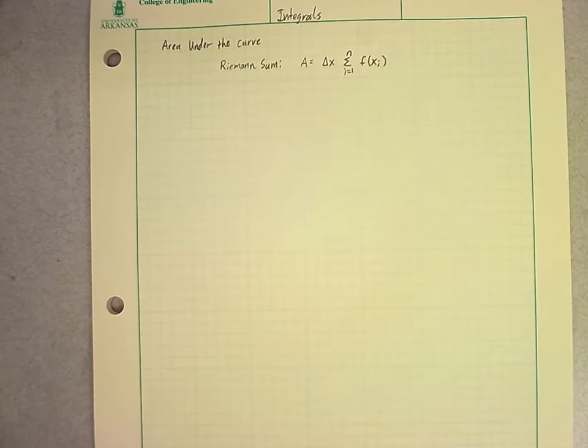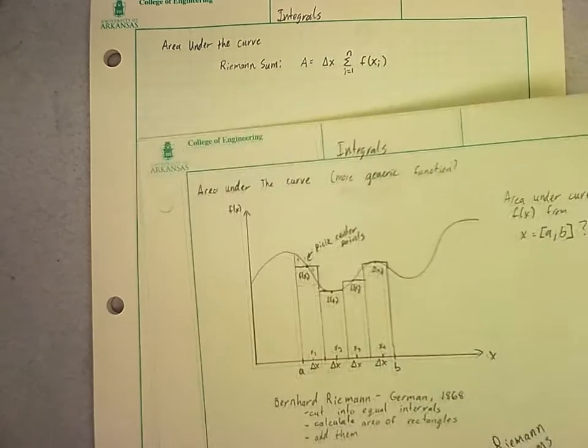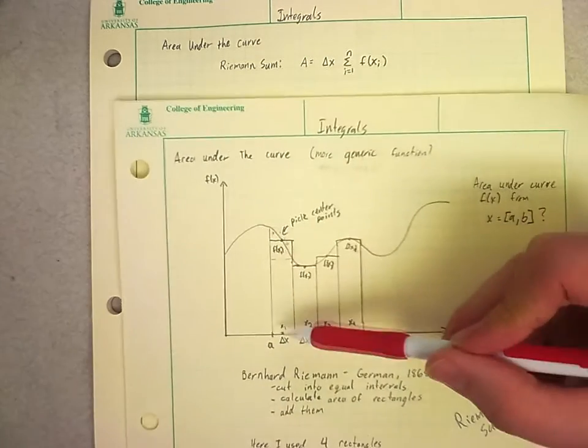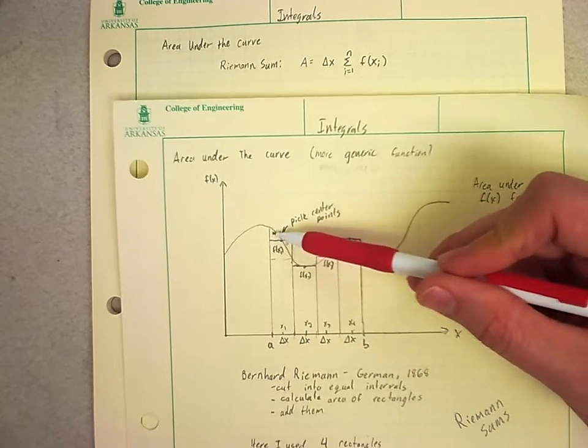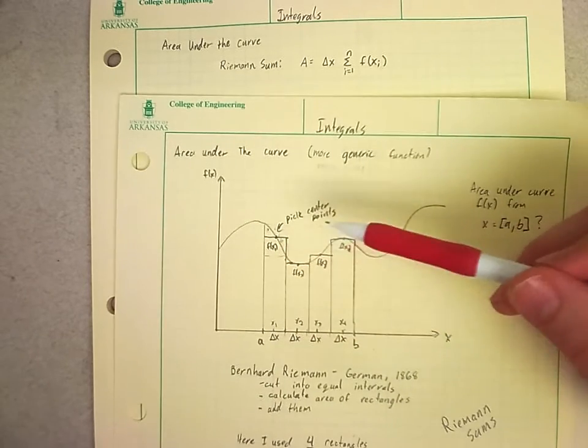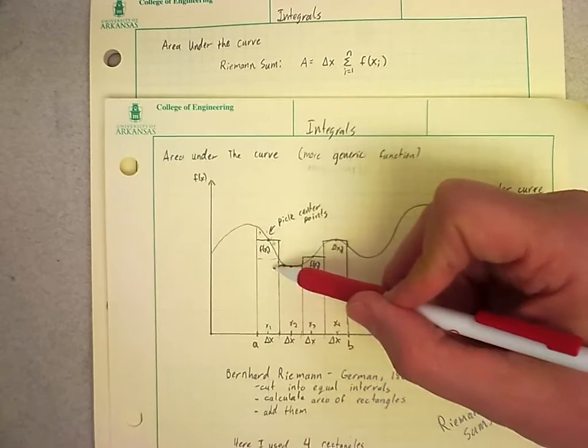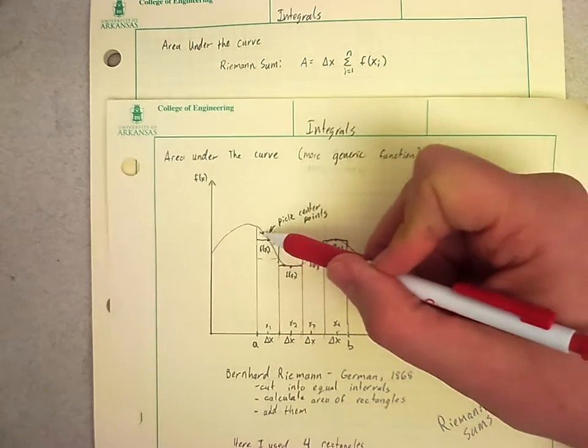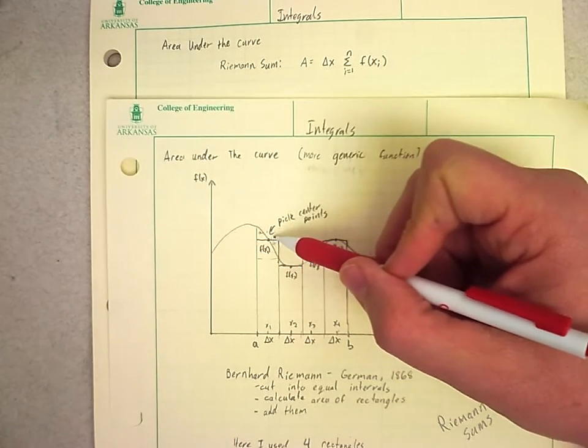So, using that, we can have more and more rectangles. We could go to 6, we could go to 8, we could go to 100, right? So, we can see pretty quickly, we could go to 8, we'd cut it in half, and the more we cut it, the less we're off when we make our estimate, right?